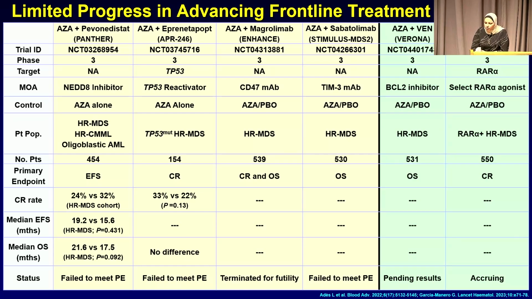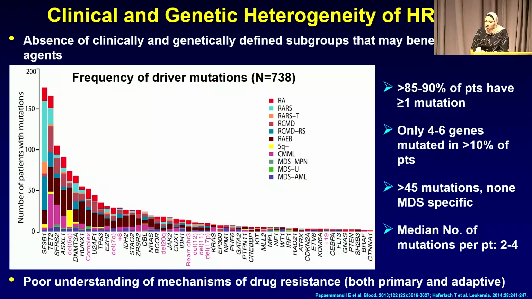However, some plausible reasons include the clinical and molecular heterogeneity of MDS, with no molecularly defined subgroups that may benefit from these agents, including hypomethylating agents, and the poor understanding of the adaptive and primary mechanisms of drug resistance.